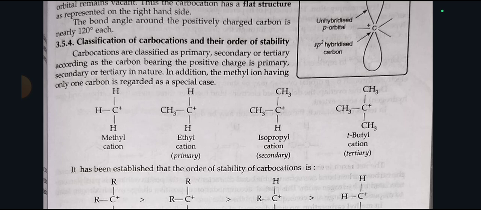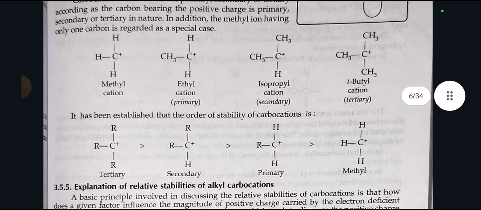3.5.4 Classification of carbocations and their order of stability. Carbocations are classified as primary, secondary, or tertiary according as the carbon bearing the positive charge is primary, secondary, or tertiary in nature. In addition, the methyl ion having only one carbon is regarded as a special case.